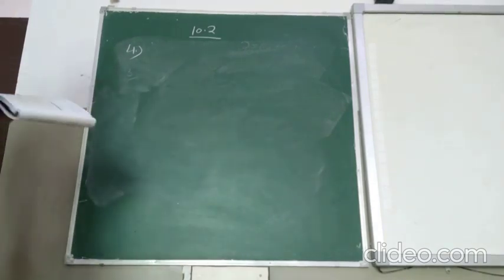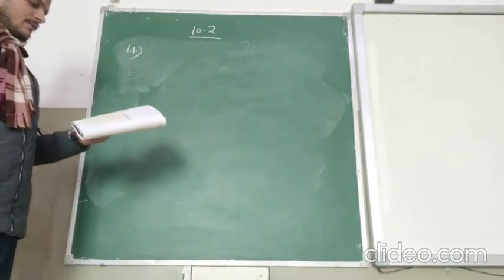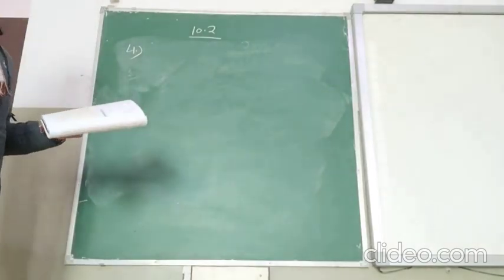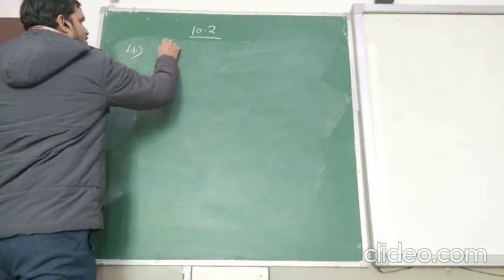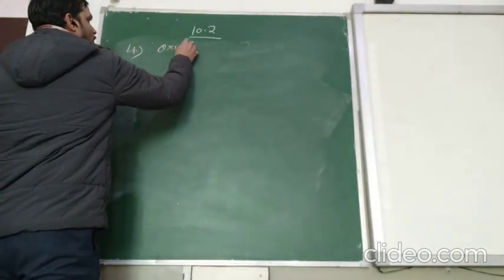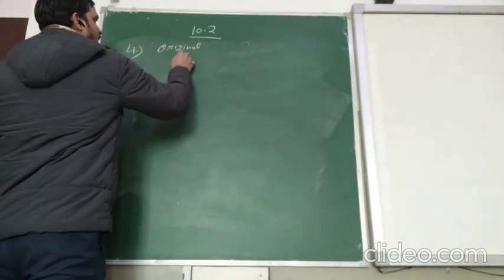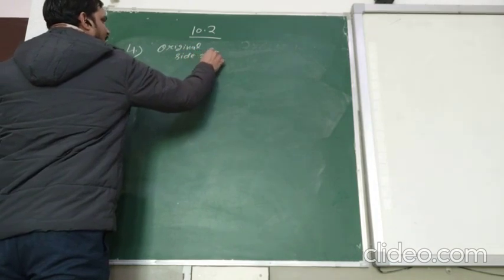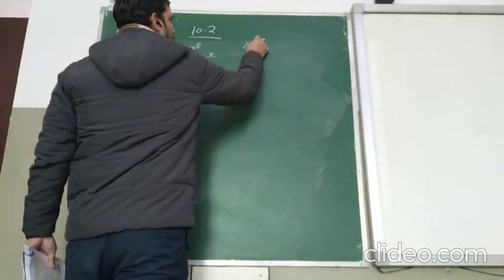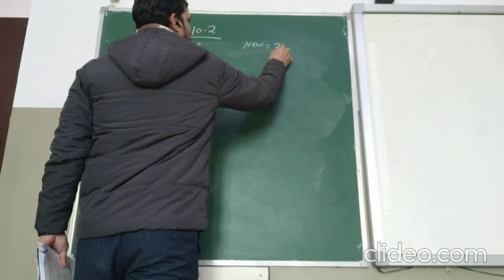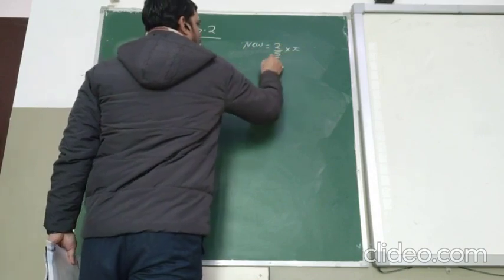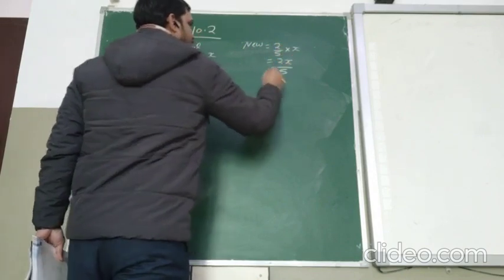So if side becomes 2/5 times, then original side is x and new one is 2/5 into x, that is 2x upon 5.